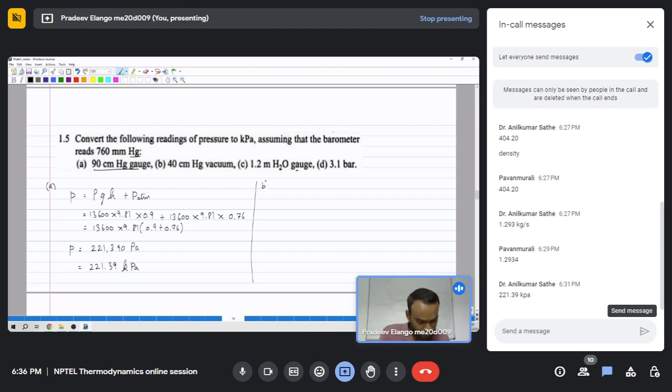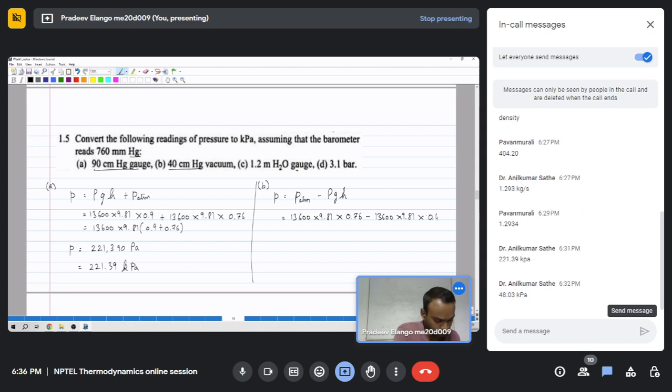In the second problem, we have a 40 centimeter mercury vacuum column. So now P is P atmosphere minus the vacuum pressure, that is rho GH. For this one we have 13,600 into 9.81 into 0.76 minus again 13,600 into 9.81 into 0.4 meters.